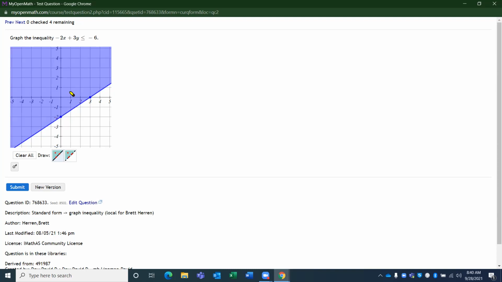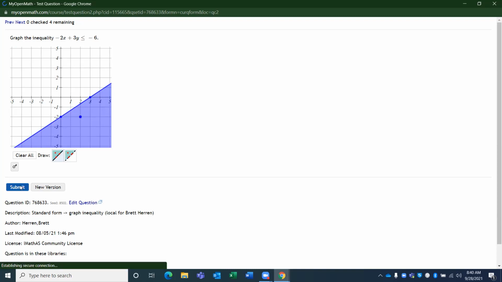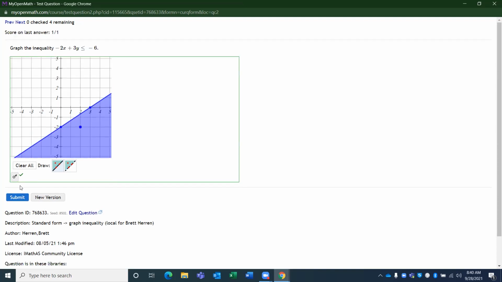Boom. And then one more click, I decide which side to shade. It's going to be less. It's going to be here. Yeah, so you see how I did that? You choose either the solid line tool or the dotted line tool. And then you click the 2 dots that'll make the line. And then you click a third time, either above the line or below the line, to determine the shading.